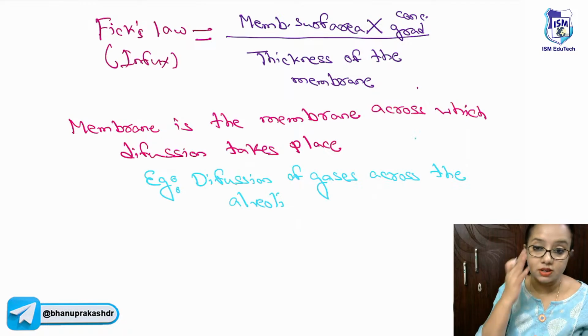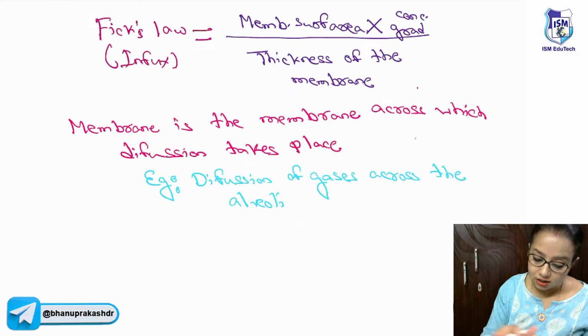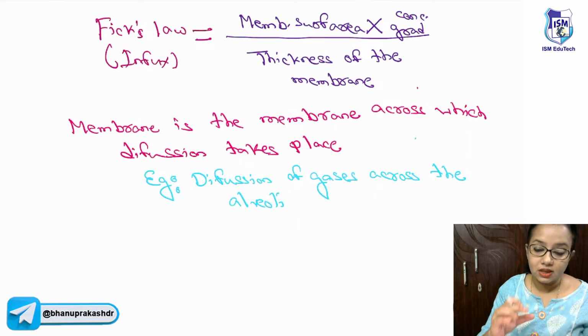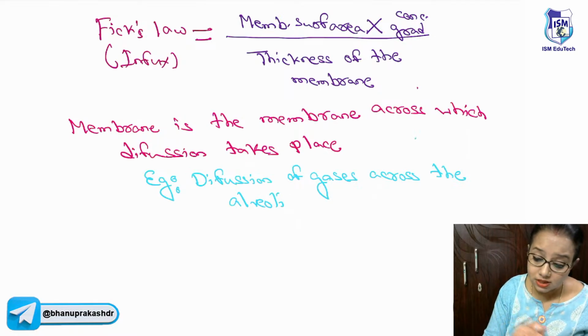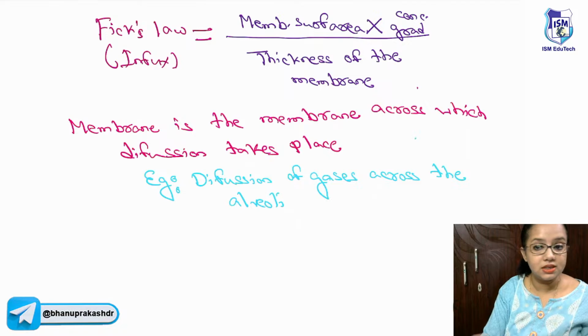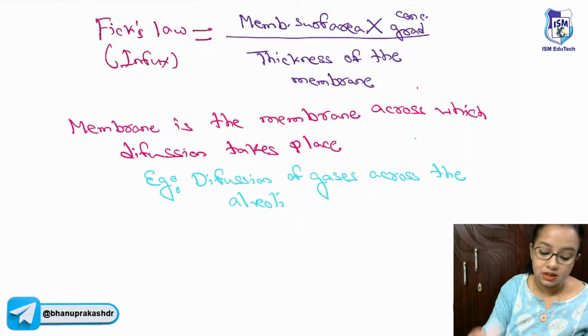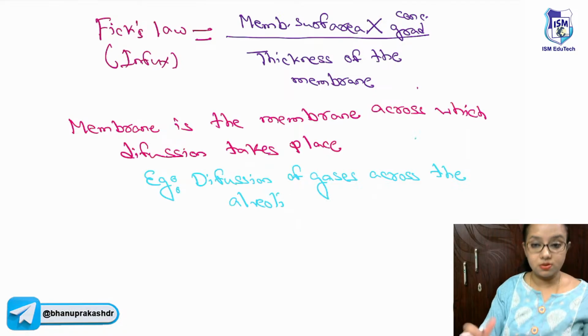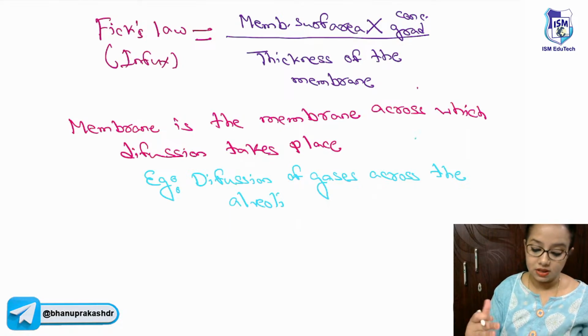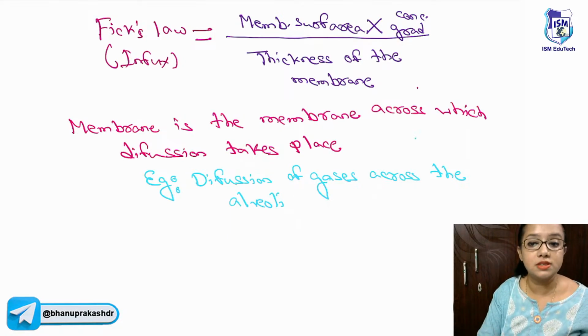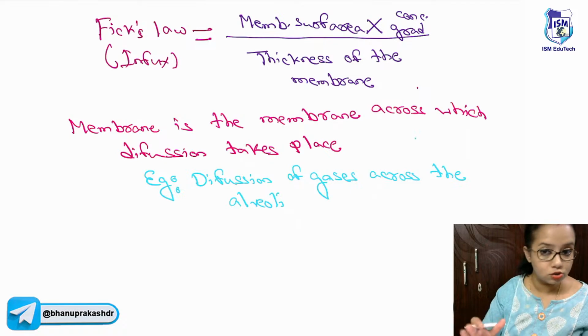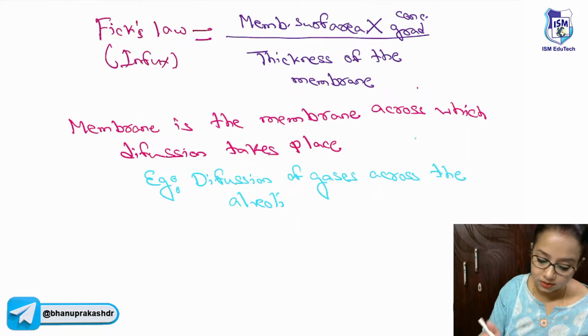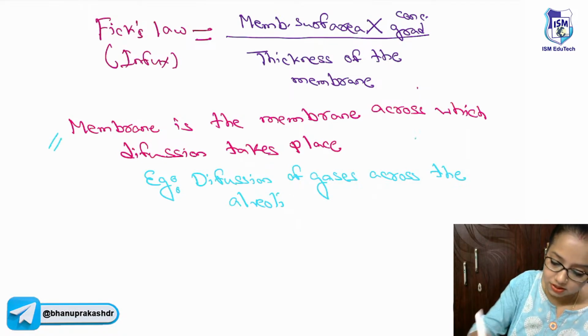So here you understand the membrane around the alveoli, if the surface area of that membrane is larger, then the rate of diffusion will be more, it will be faster. If the area is small, then obviously the rate of diffusion will also be slower. Okay, this is the membrane part.